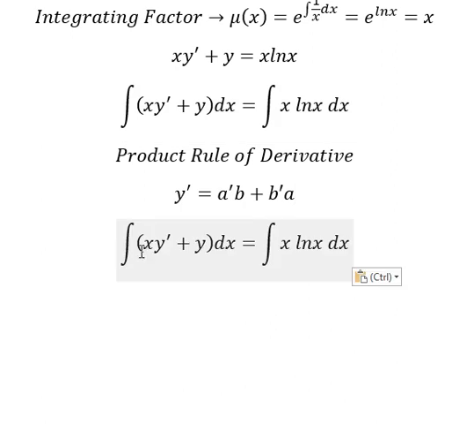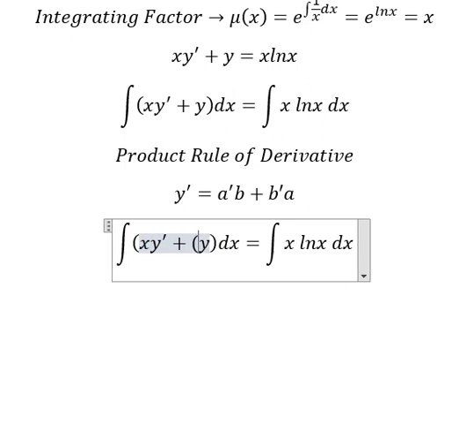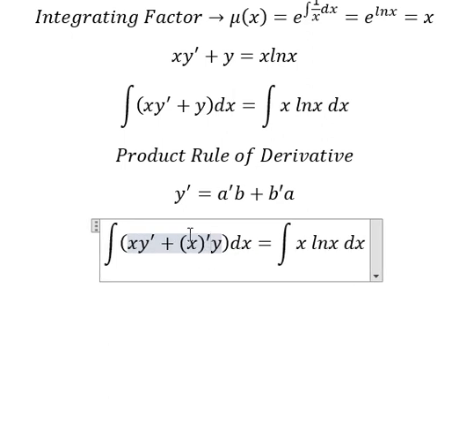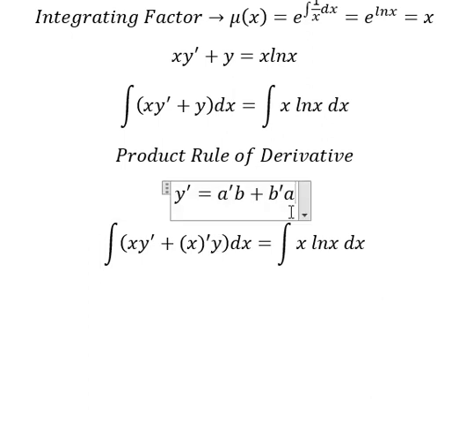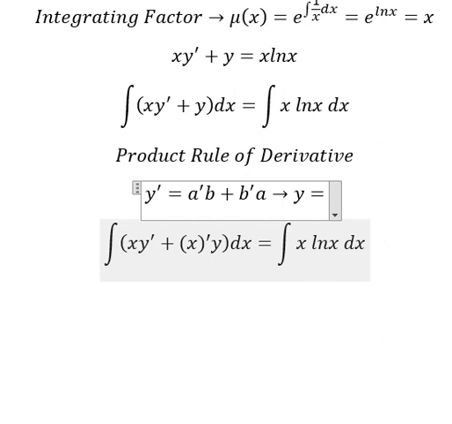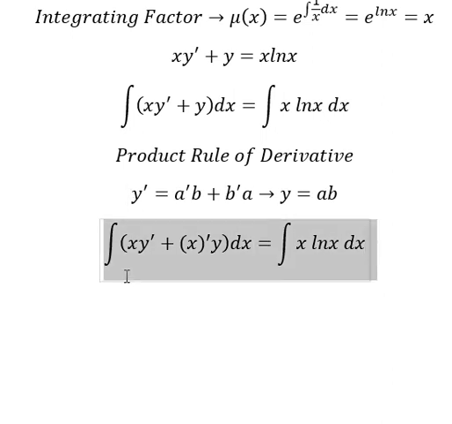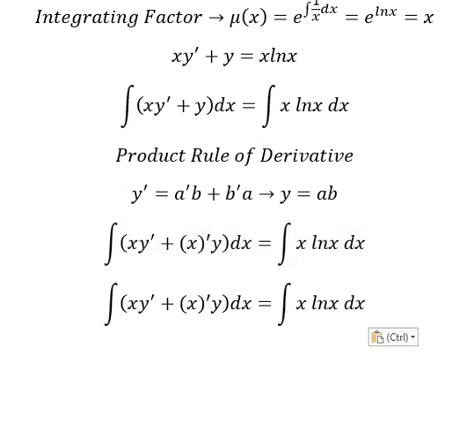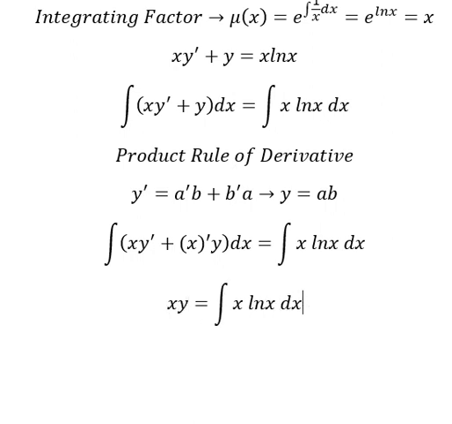So this one we have first derivative of a multiplied by b. This one we have first derivative of b multiplied by a. So the integration of this one, we have y equals ab. So the integration of that one, we have xy.